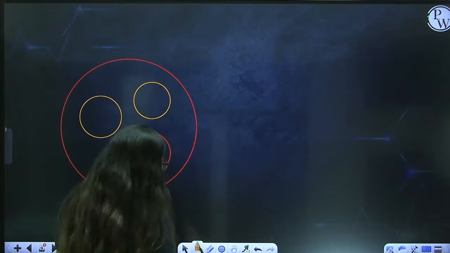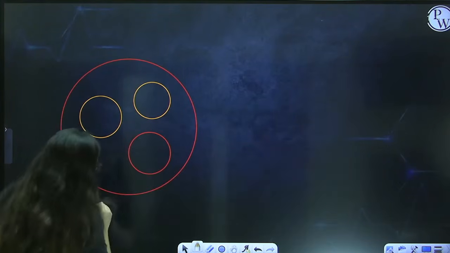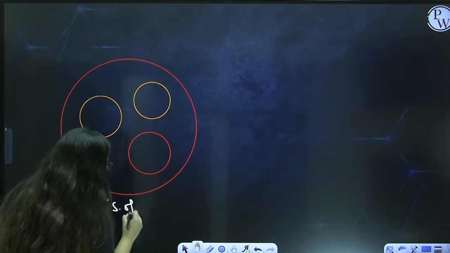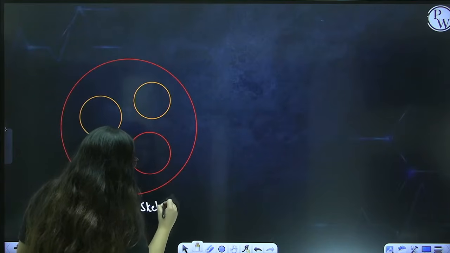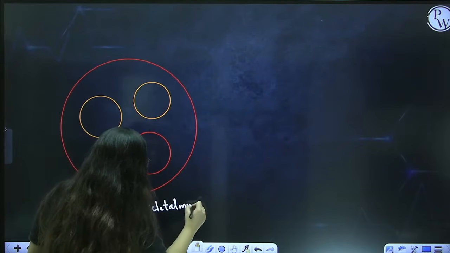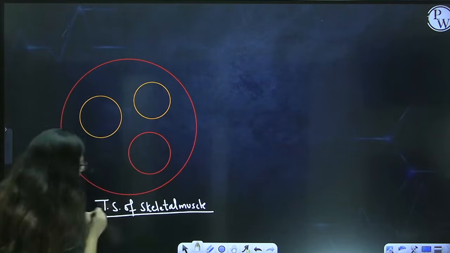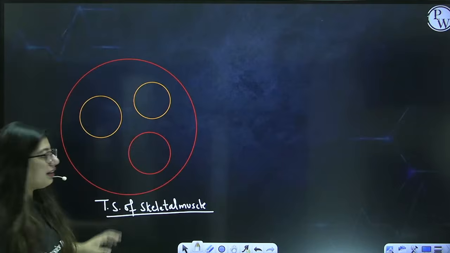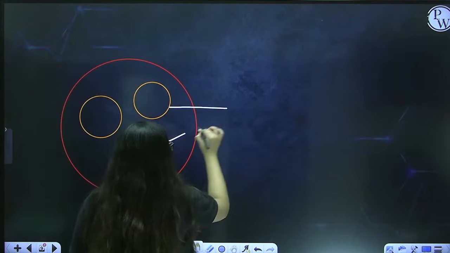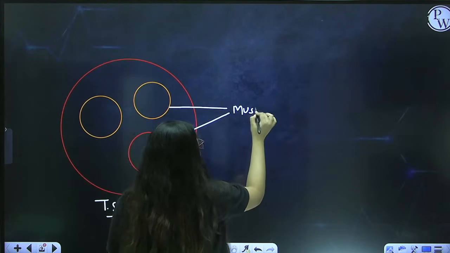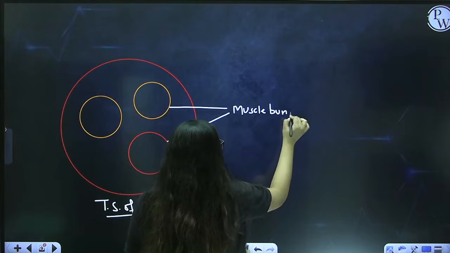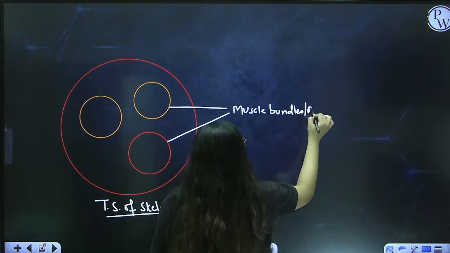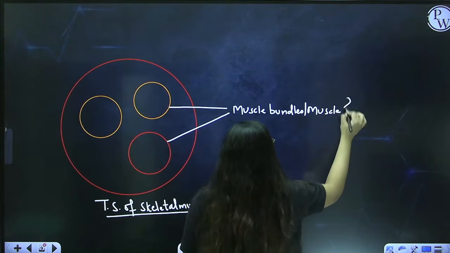This entire red is your muscle. This is a transverse section of your skeletal muscle. Inside this are present structures known as muscle bundles or muscle fascicles.